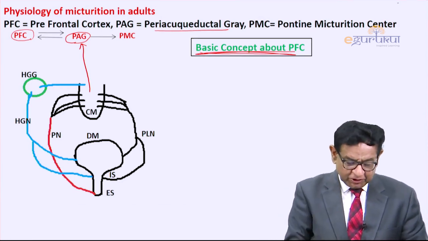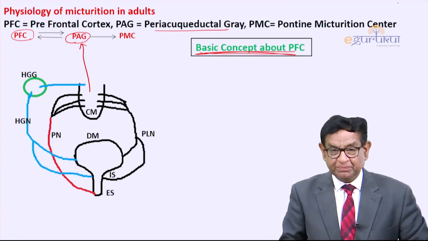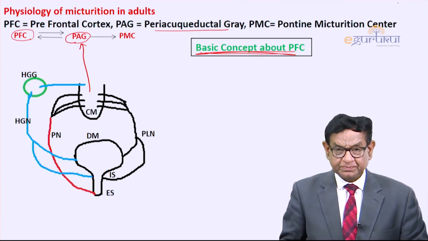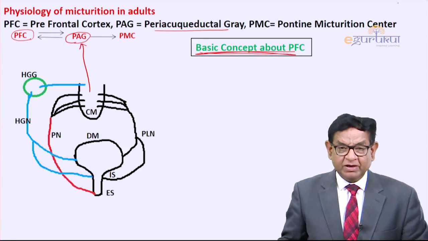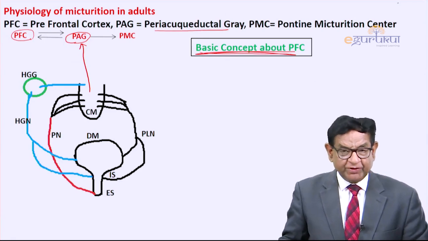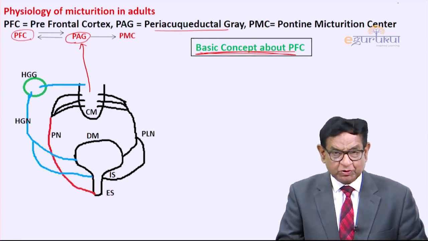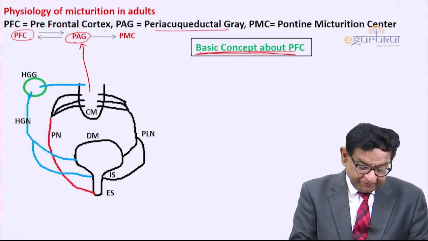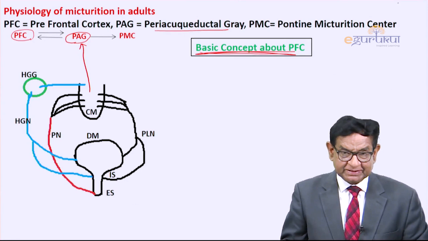Now we come back. What we learned so far is that the bladder gets filled up, and the message goes to PAG. Now this message goes to the prefrontal cortex. The bladder is full, the message goes to the prefrontal cortex, and the prefrontal cortex says, okay, fine, get up, go to the toilet. Now the person goes to the toilet. Once the person has gone to the toilet, the prefrontal cortex gives a message to PAG, yes, I have come to the right place.